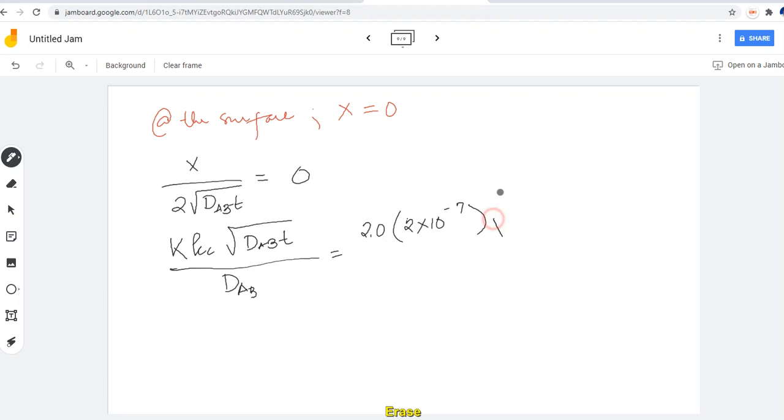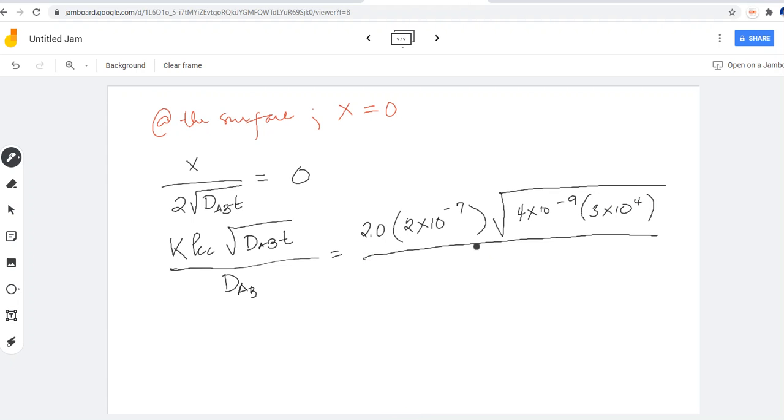Then I will multiply this by the square root of the molar diffusivity, 4 times 10 raised to 9, and the time, which is in seconds. The time is 3 times 10 raised to 4. Now, your denominator for this will be 4 times 10 raised to negative 9.